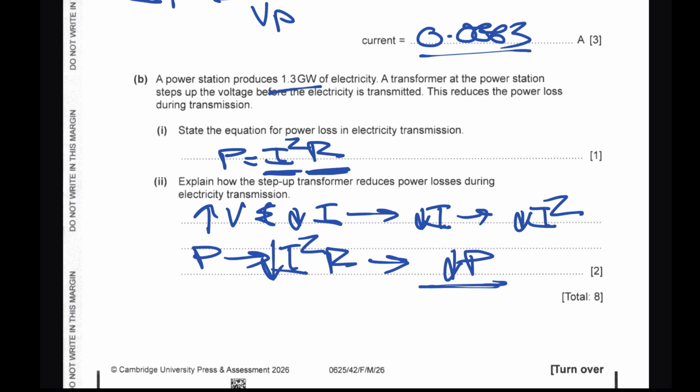In simple terms, you increase the voltage, you decrease the current with a step-up transformer, and the electrical energy is transferred through the wires at this low current, high voltage, and this low current prevents energy loss in the wires from heating because you decrease the current. So P is equal to I square R. That's pretty much how we do it.